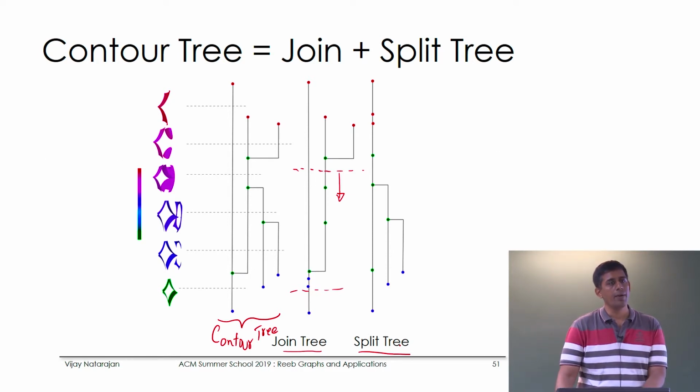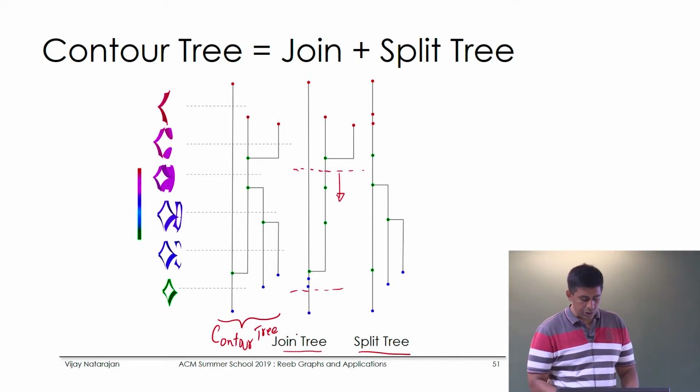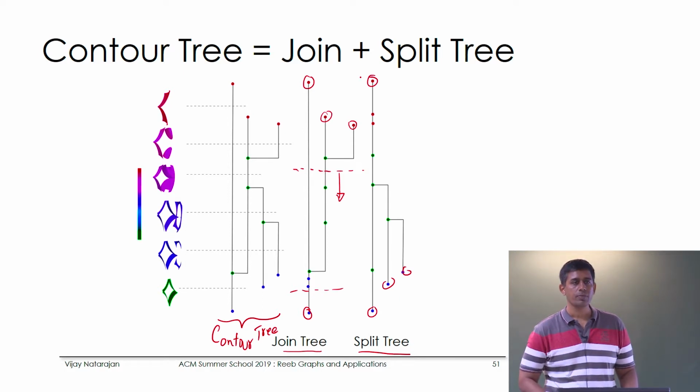Clearly the join tree contains all the maxima, and it contains only the one minimum, which is the global minimum. The same way, the split tree contains all minima and the one global maximum.